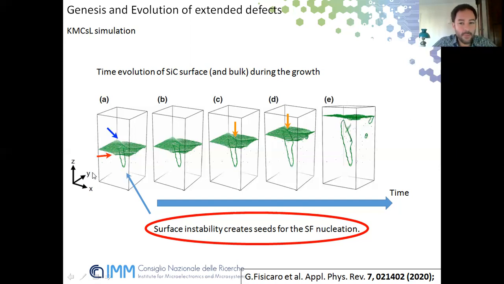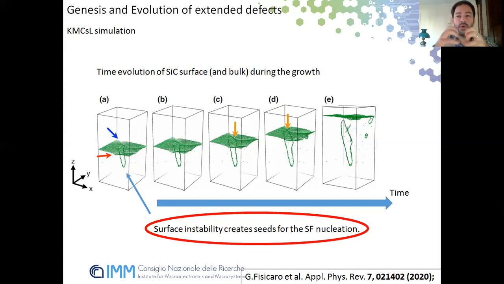They are able to grow the crystal with the kinetic Monte Carlo simulation with the same experimental parameters that we use during our real growth. They start from a perfect crystal and grow the perfect crystal, and in this case we have no generation of defects, only point defects.